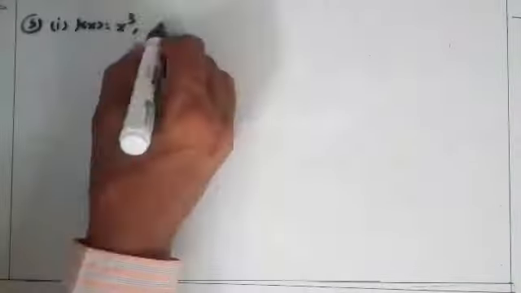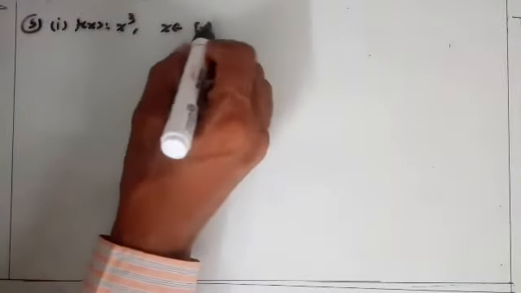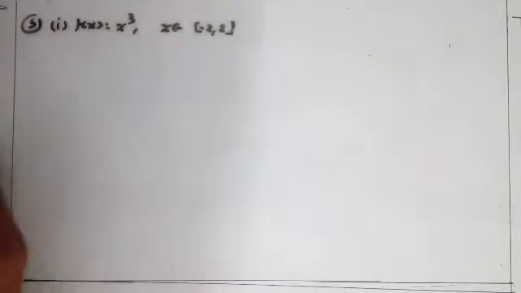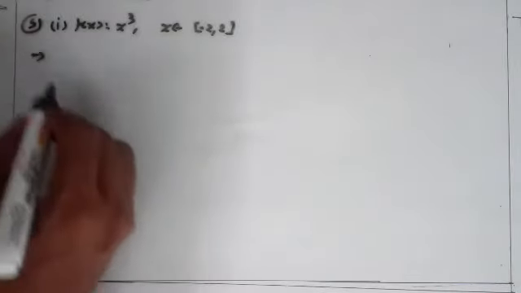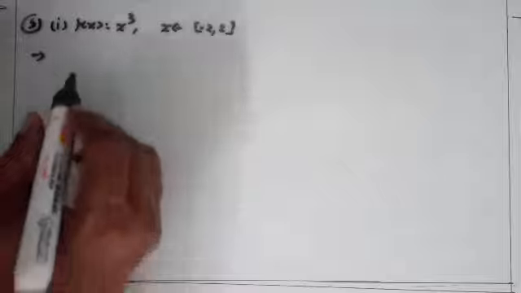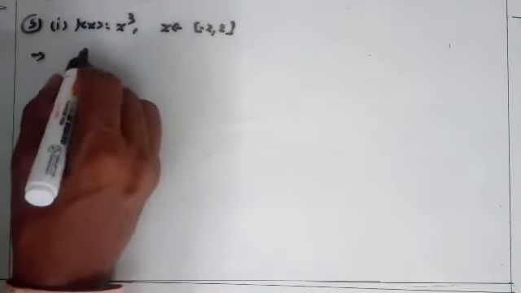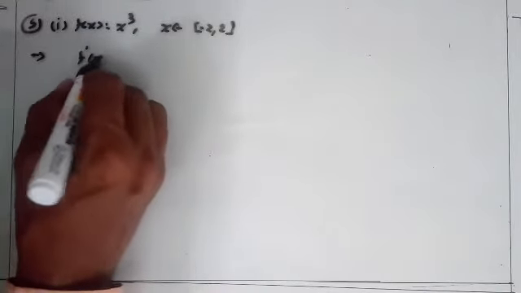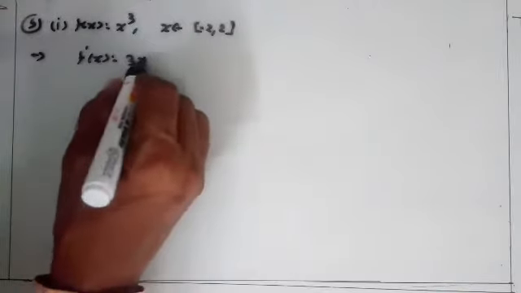Find the absolute maximum value and absolute minimum value. In 1, f(x) is equal to x raised to 3 and x belongs to minus 2 to 2. Remember this, for absolute values, first we get the first derivative, f dash x is equal to 3x square.